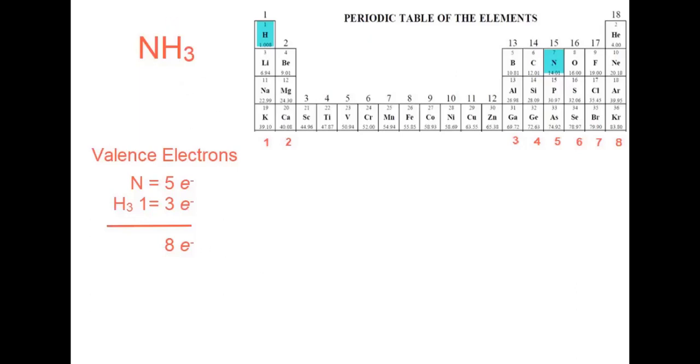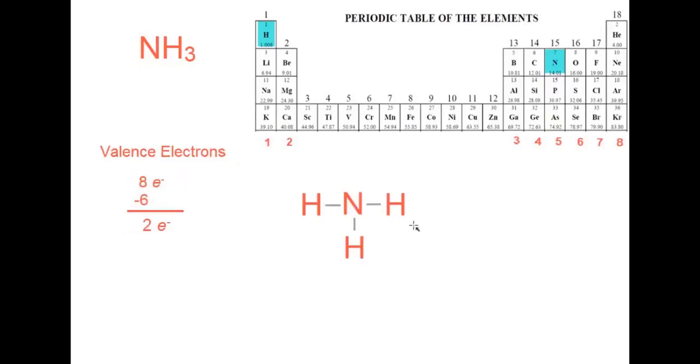So let's make our molecule with a nitrogen in the center and 3 hydrogens around it, and see what we've got. Here it is. I've already put the 3 shared pairs of electrons in.